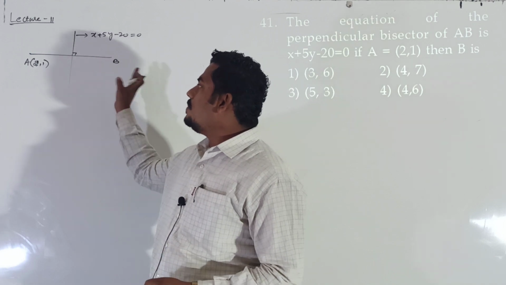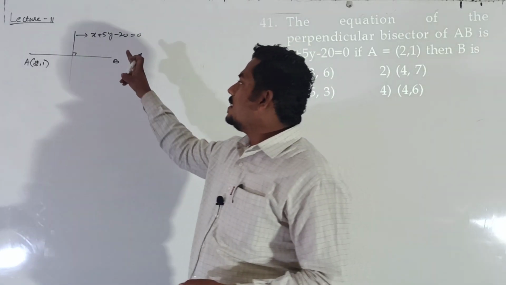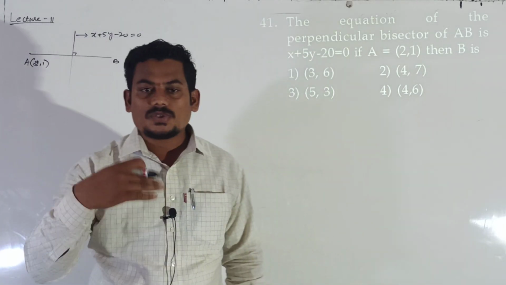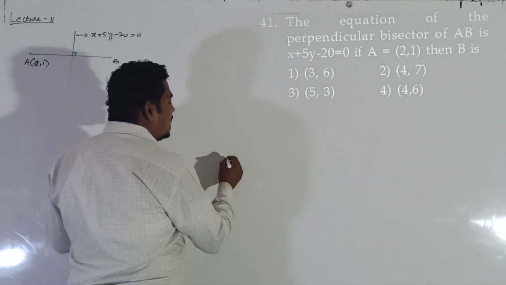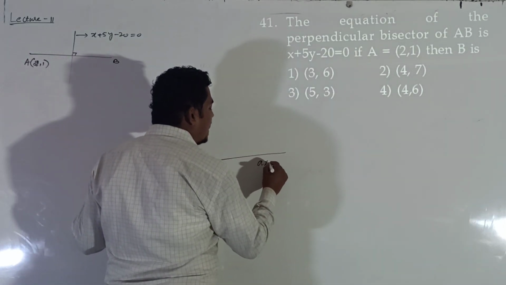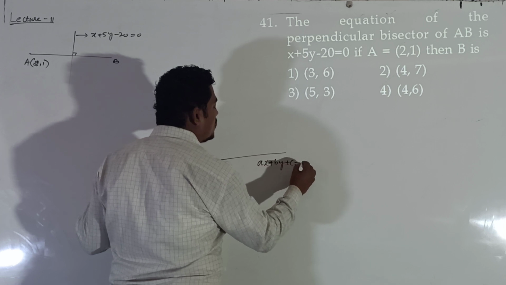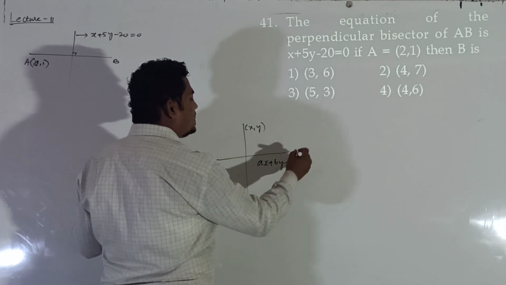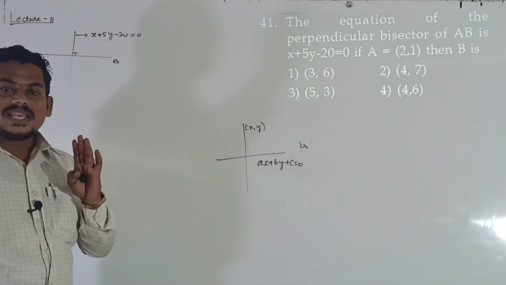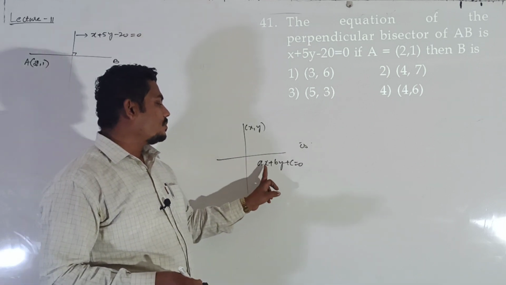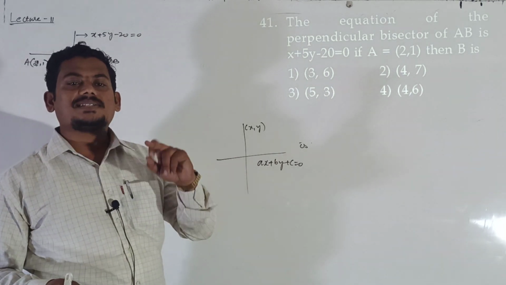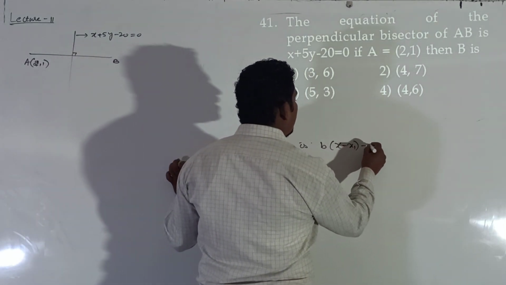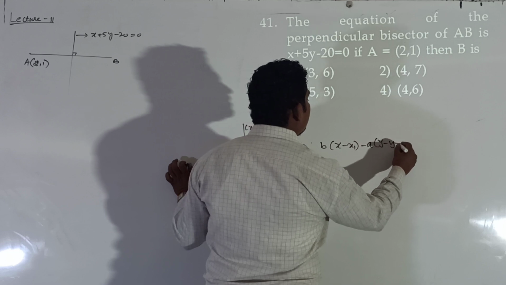Clearly our required line AB is perpendicular to x plus 5y minus 20 equal to 0 and passing through one point. Can you use the shortcut formula? The equation of the line perpendicular to ax plus by plus c equal to 0 and passing through the point x1 comma y1 is b into (x minus x1) minus a into (y minus y1) equal to 0.